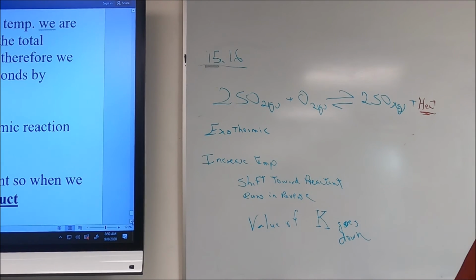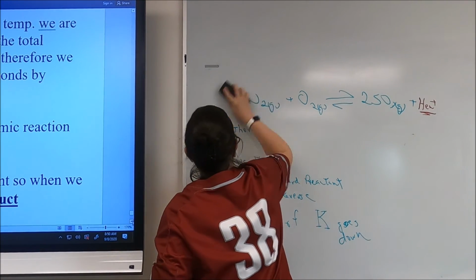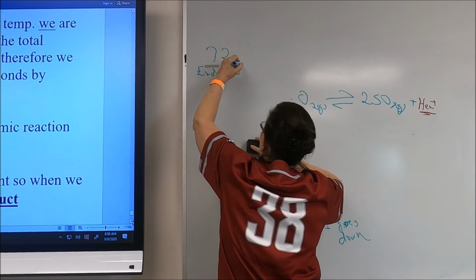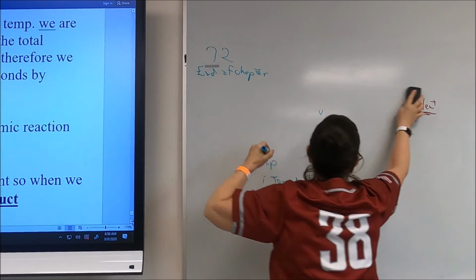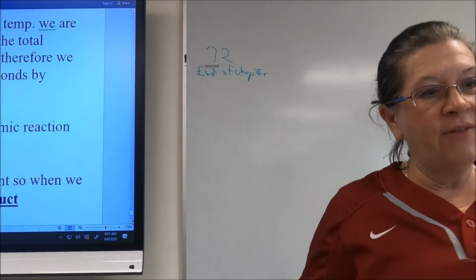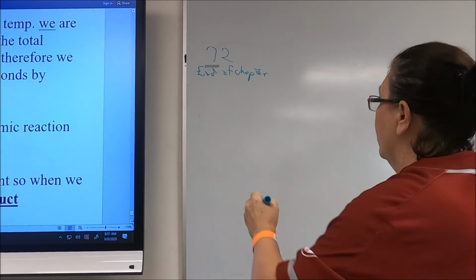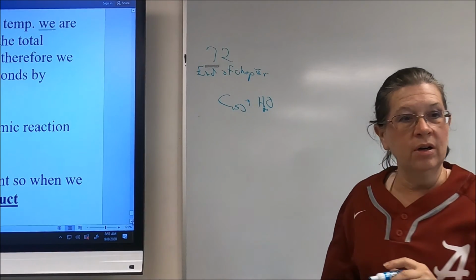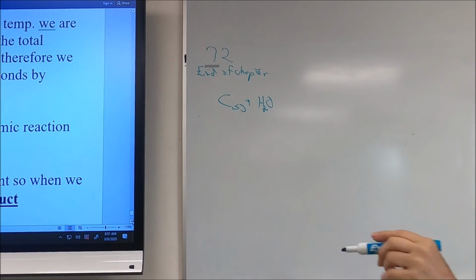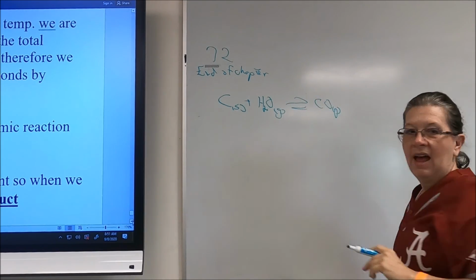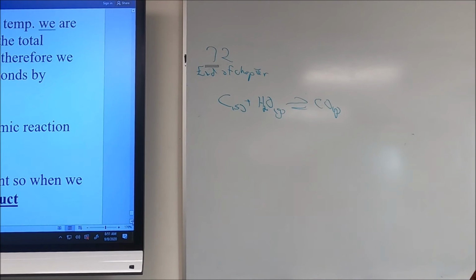We're going to look at problem 72, end of chapter. Okay, in problem 72, we've got the reaction carbon solid plus water in the gas phase gives us carbon monoxide gas and hydrogen gas.